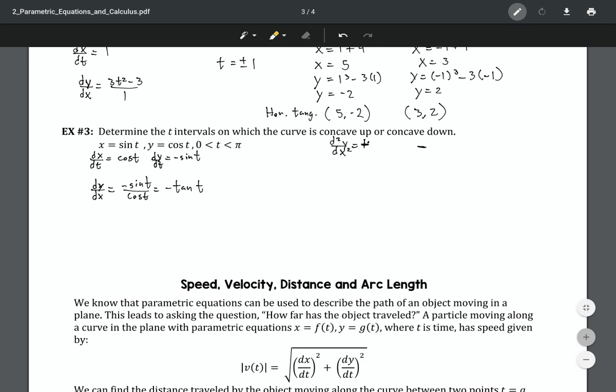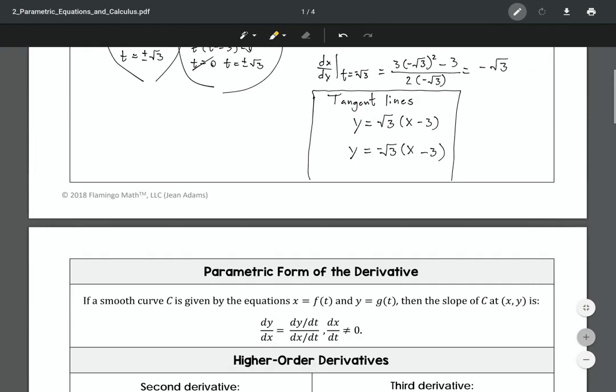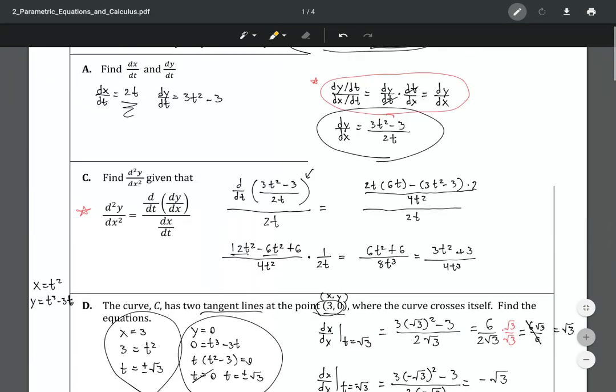So what we're going to do here is take the second derivative, from those formulas. And I guess I can scroll up so you can see what I'm talking about here. This formula is one I'm going to use.